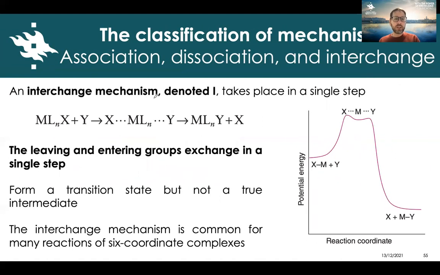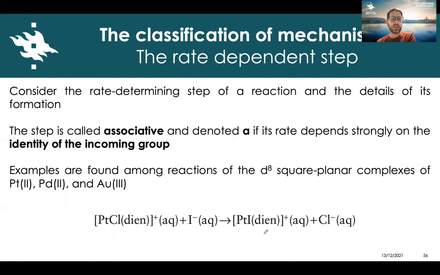And in the interchange mechanism, denoted as I, we have a single step in which the bond between the metal and the leaving group is broken at the same time as the bond between the metal and the entering group is formed. So the leaving and entering groups exchange places in a single step, forming therefore a transition state and not a true intermediate. This interchange mechanism is very common for many reactions of six-coordinated complexes.